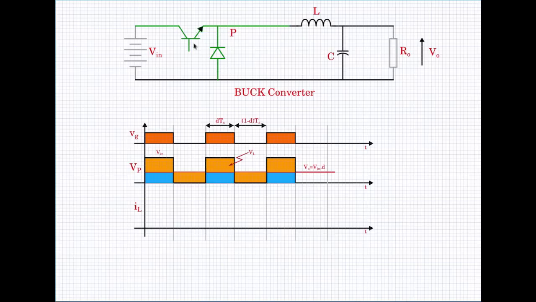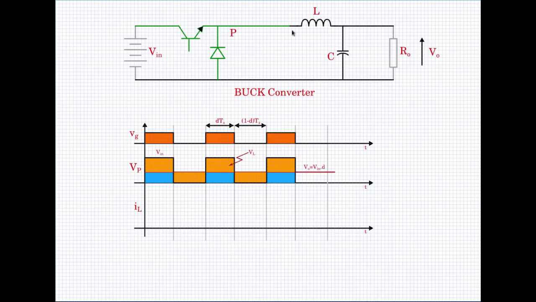Now when, let us say, this is off and this is freewheeling, this is pulled to the ground. So the emitter is pulled to the ground and this is at V in. So the voltage withstanding capability of this BJT or any other power semiconductor switch which is placed here should be V in, which is this value.